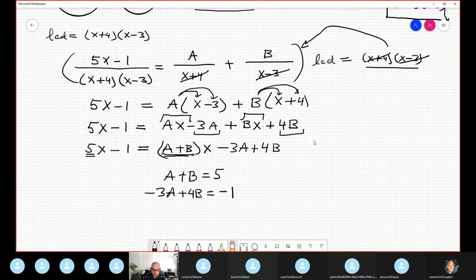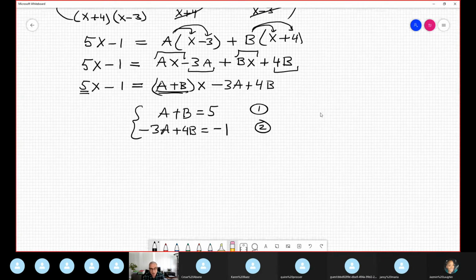Okay, and you have at this moment two linear equations and two unknowns, the unknowns are a and b. So this is the reason that we study this topic in this chapter, because this entire chapter is dedicated to the linear system of equations. So one application of the linear system of equations is partial fraction decomposition, no?